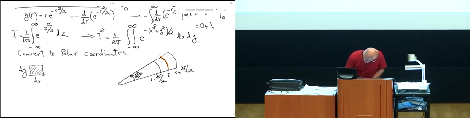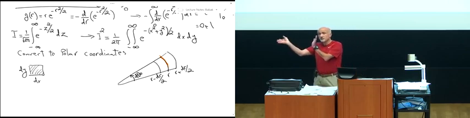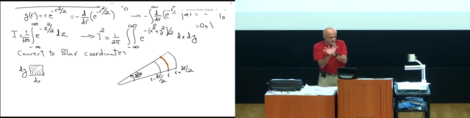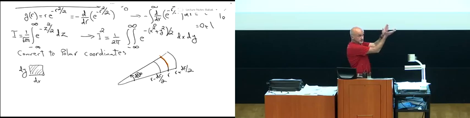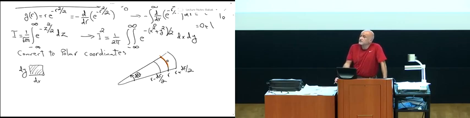This is a very tiny angle. Just like in the dx dy, I've got infinitesimally small in this direction, infinitesimally small in this direction. In polar coordinates, I've got an infinitesimally small radial dimension and an infinitesimally small angular dimension. So what's the length of this red arc here? Yeah. r d theta.